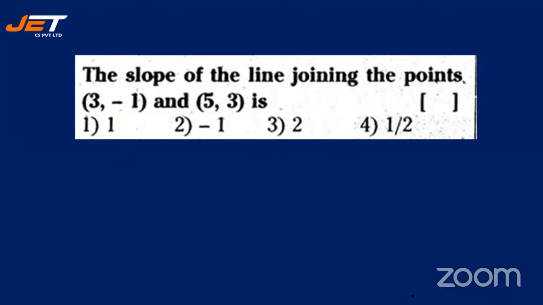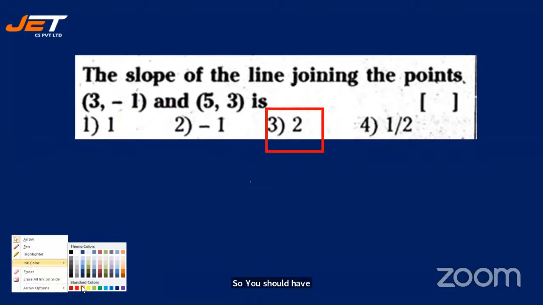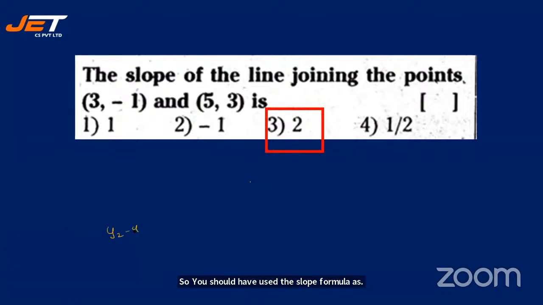So many would have given me the correct answer. It is 2, right? You should have used the slope formula: y2 minus y1 by x2 minus x1.